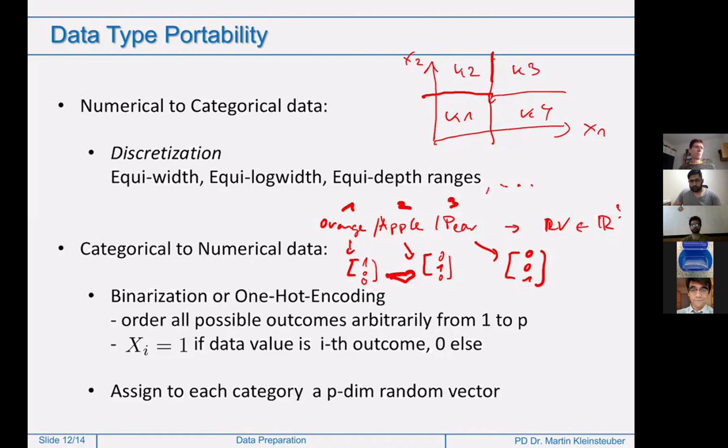So that's not so much of an issue. But the problem here is, assume that you have learned something that maps your orange, apple, and pear to one of these vectors, right? And then there is a 4th vector coming in, and the number of categories raises over time with your problem.